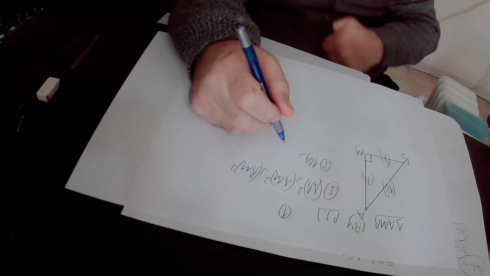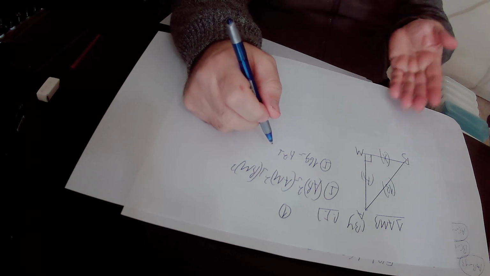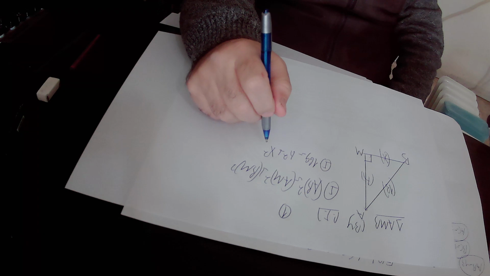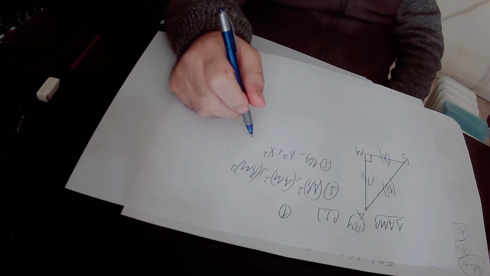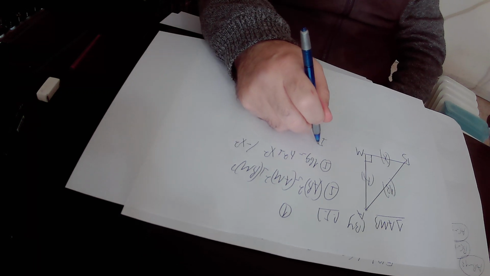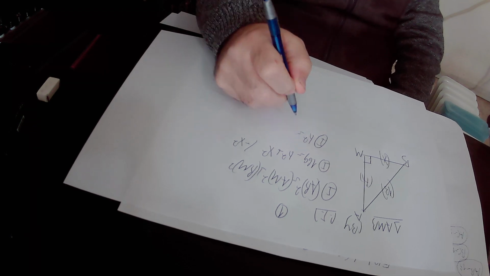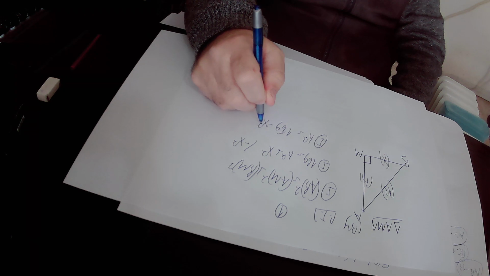AM is H, therefore AM square is H square, plus BM square. BM is X, therefore BM square is X square. So in total we found that according to equation number 1, 169 equals H square plus X square. We subtract X square from equation number 1, and we get that H square equals 169 minus X square.